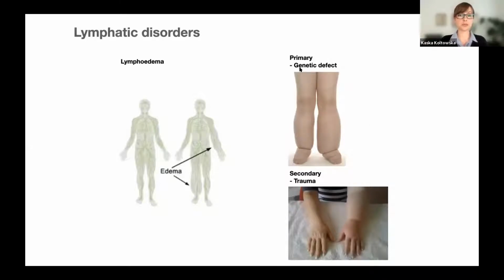And these defects could be primary, due to genetic mutations, and usually this arises during development, still during the embryonic stages. But lymphedema can also be acquired due to trauma or injury. Here is an example of a patient who underwent surgery for breast cancer, where lymph nodes were removed.